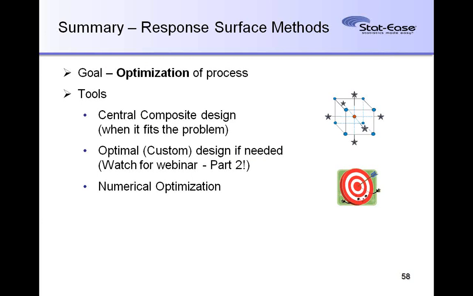That's going to be part 2 of our series of webinars, and we're planning to do that in December. We haven't gotten that scheduled yet. And numerical optimization is obviously a key part of the optimization process.